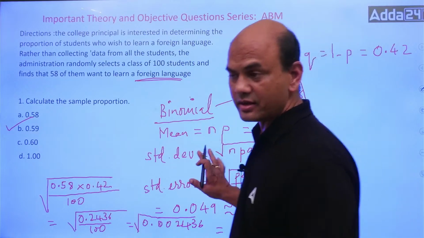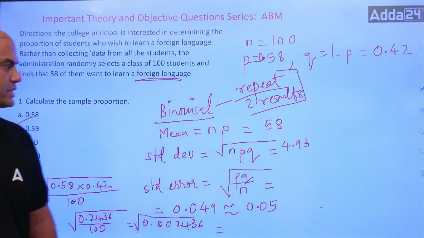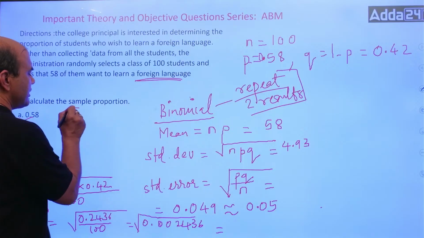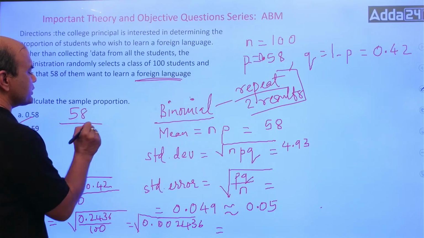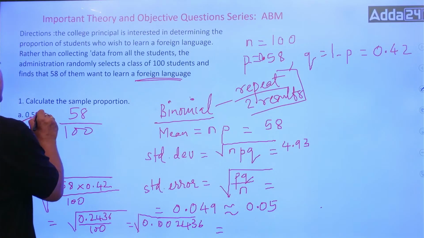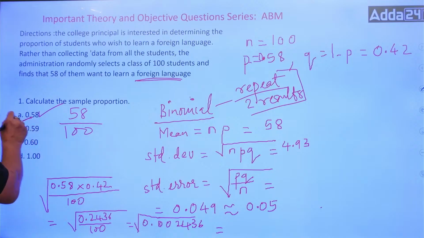Sample proportion simply means the successes, 58, divided by the number of students, 100. So it is 0.58. So the answer is A, not B. The B I have marked is wrong. 0.58 is the sample proportion. This much is the answer, over.